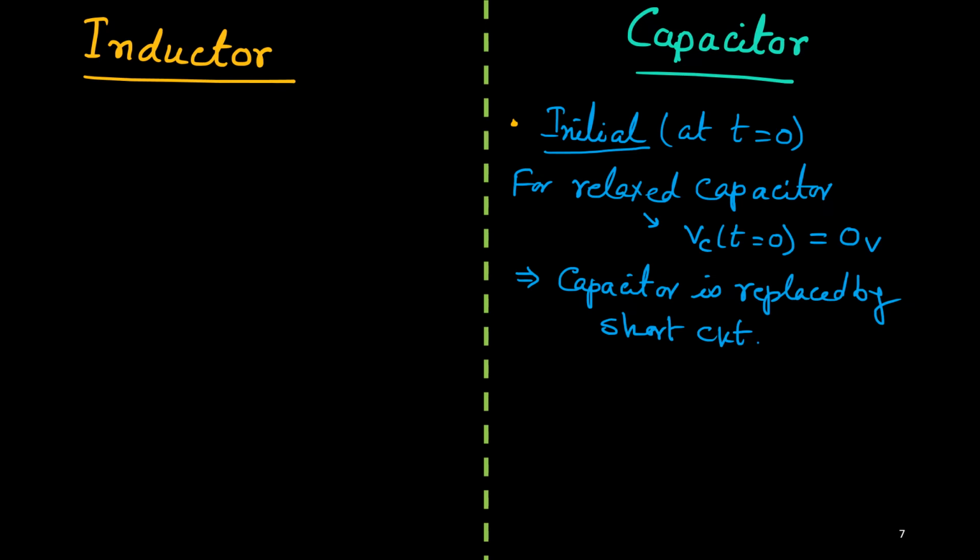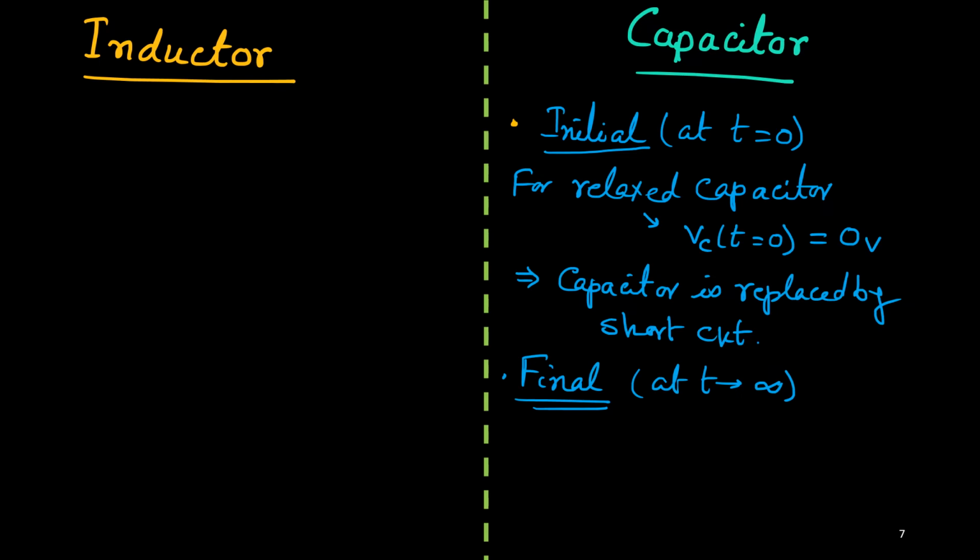That is the important concept, because voltage 0 means short circuit. And for the final state, it means the circuit has been working for a long time, so I consider t tends to infinity. At that time the capacitor is either fully charged or fully discharged, whatever it is.